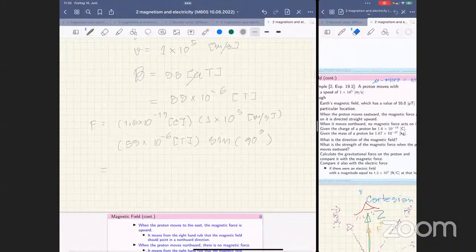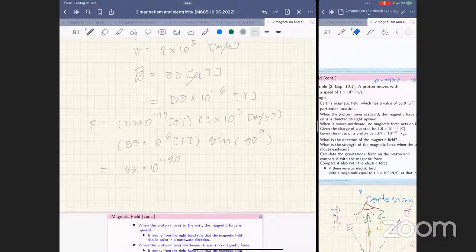And once we make the computation, of course, this is only 1, right? If you make the computation here, it's going to be 88 times 10 to the negative 20, right?